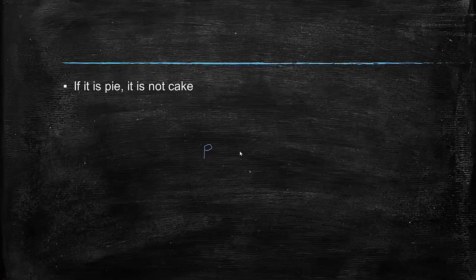So we have not cake. If it is pie, it is not cake. Now I didn't put the then in there, but you were just going to assume the then. So if it is pie, then it is not cake, and brackets around the outside.